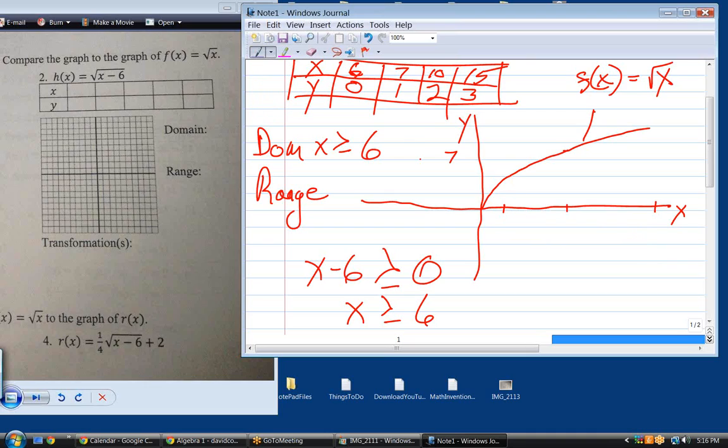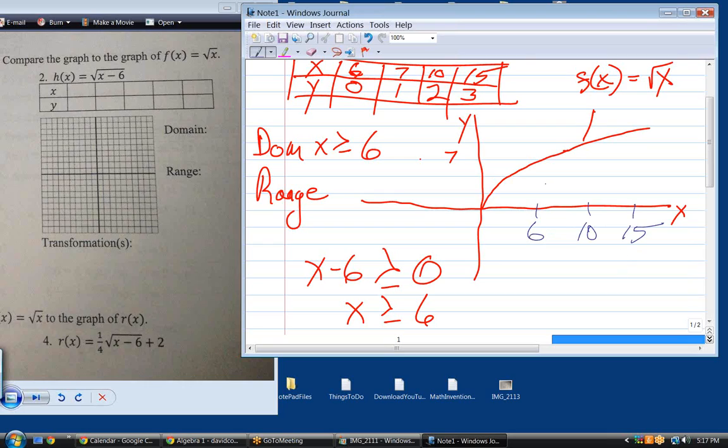Well, we said when x was 6, well, let's label this. Here, let me erase these hash marks so I can put some new ones down. Let's see, we want 6, we want 10, and we want 15.